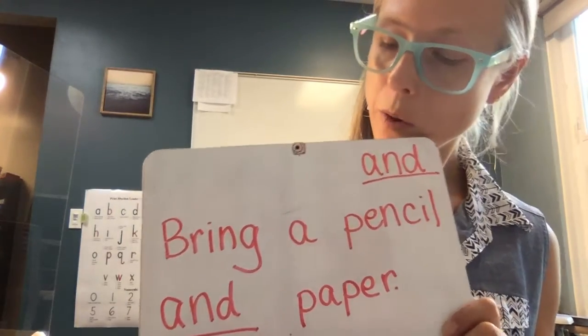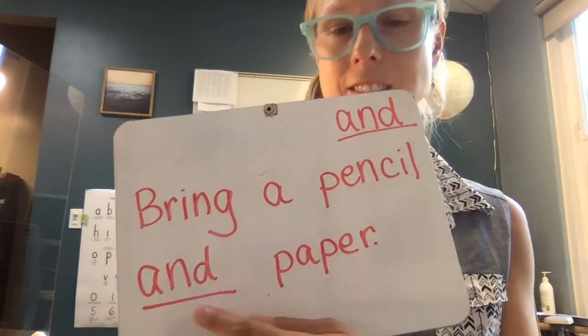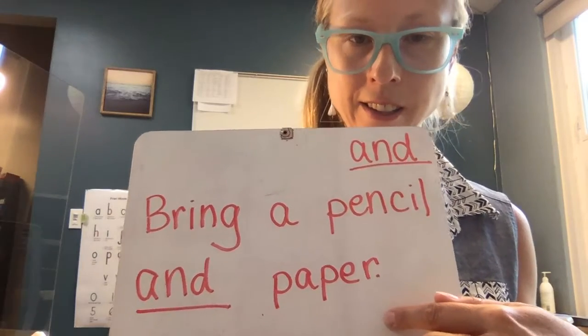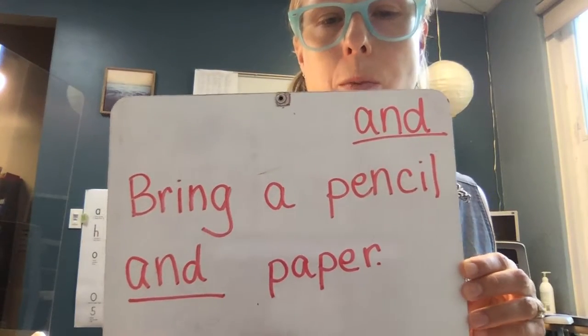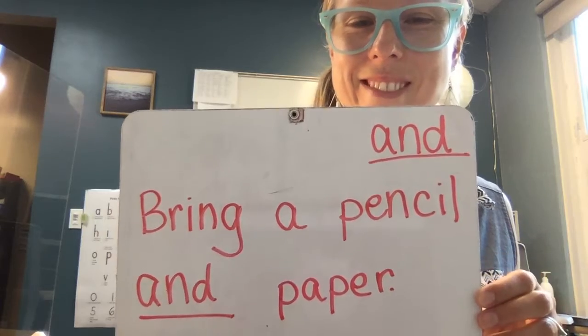And then our red word is A-N-D and underlined. Paper has an ER at the end, and then a period for punctuation. Bring a pencil and paper. Thanks for working so hard on that word with me.